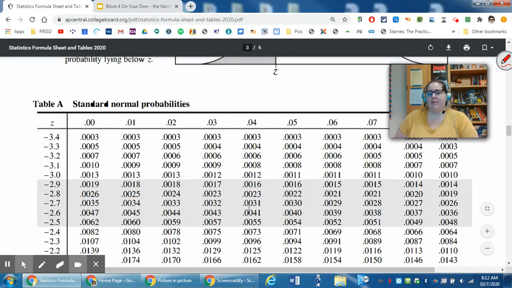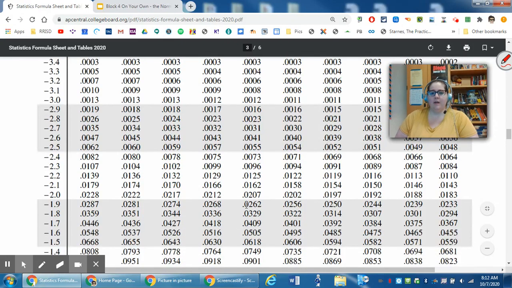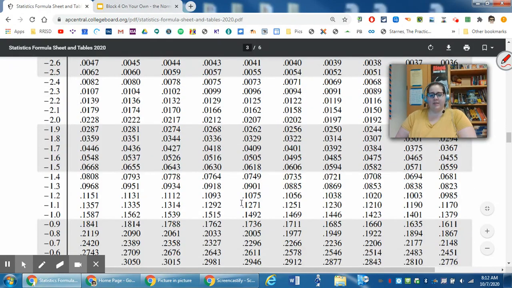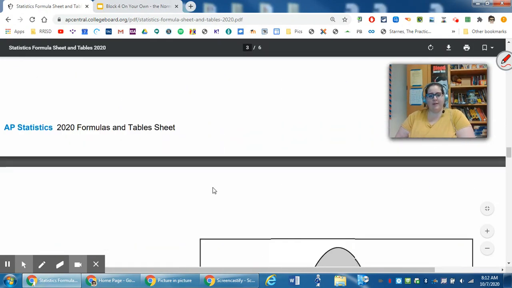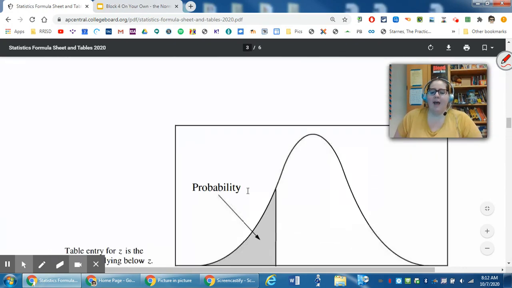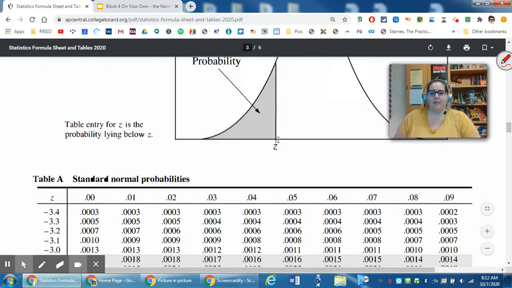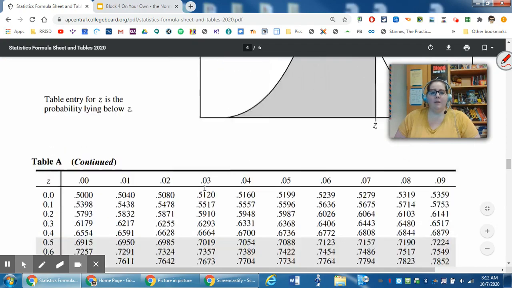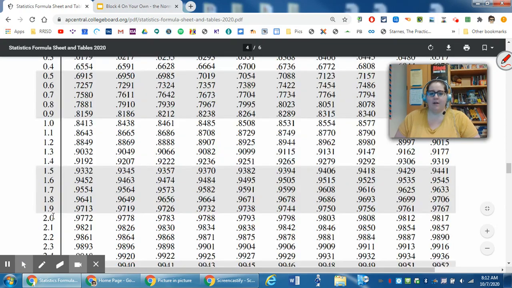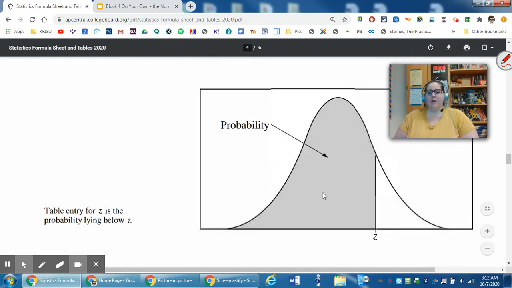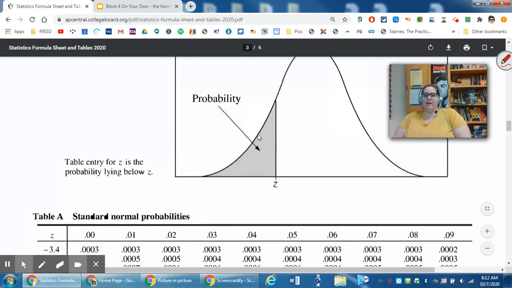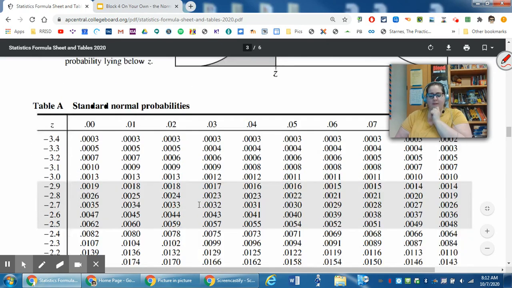The inside of the table has proportions that we could either leave as proportions, as decimals, or we can turn into percents. So the first page is going to have all of your z-scores that are to the left of the mean. Your second page has all the z-scores that are to the right of the mean. Notice that these graphs at the top tell us that the area you're being given, or the probability you're being given, is the area to the left of your z-score. So keep that in mind.